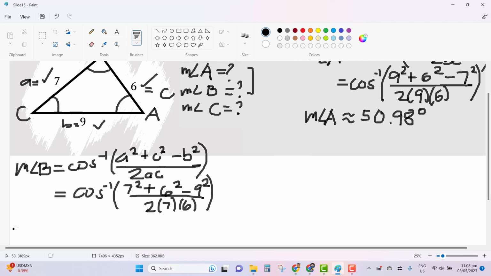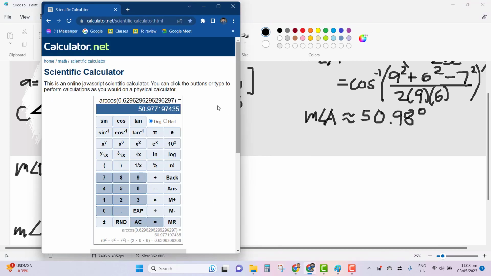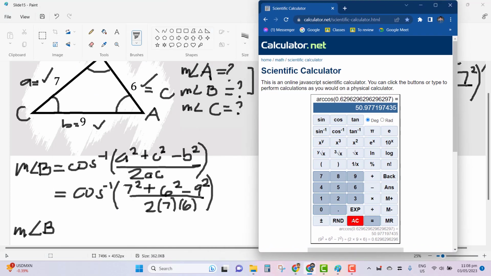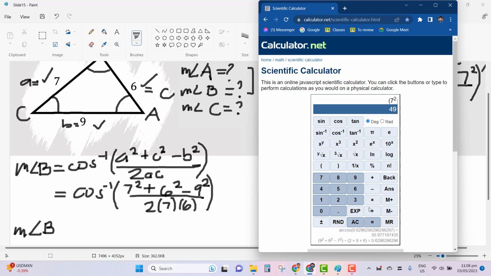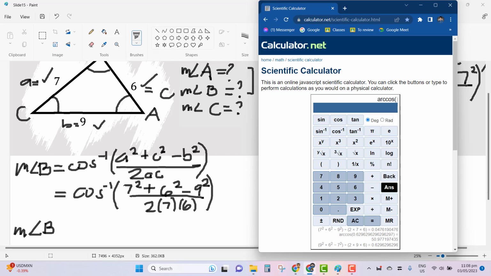Again, using the same online calculator, we start with the parenthesis, 7 squared plus 6 squared minus 9 squared, that's for your numerator, close it, divide by, parenthesis again, twice 7 by 6, equals, and subject it again to the arc cosine or cosine inverse of the answer.